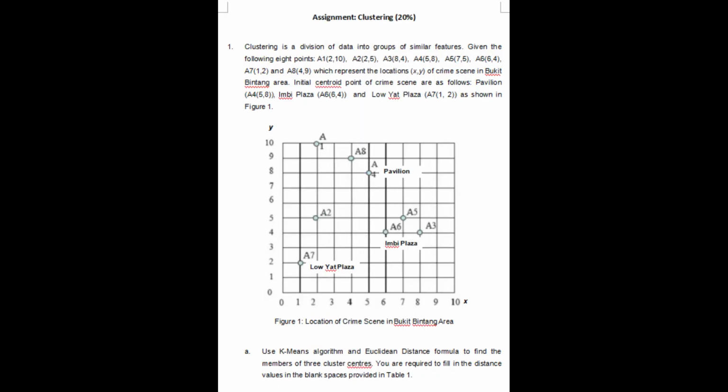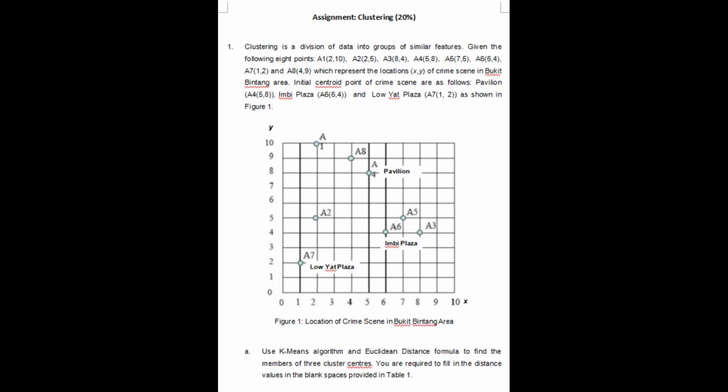Question 1. Clustering is a division of data into groups of similar features given the following 8 points. A1 is (2, 10), A2 is (2, 5), A3 is (8, 4), A4 is (5, 8), A5 is (7, 5), A6 is (6, 4), A7 is (1, 2), and A8 is (4, 9), which represent the location XY of crime scene in Bukit Bintang area.